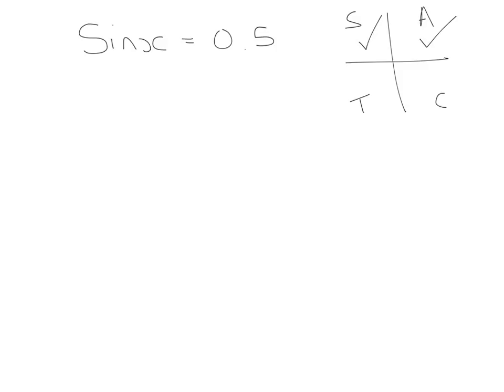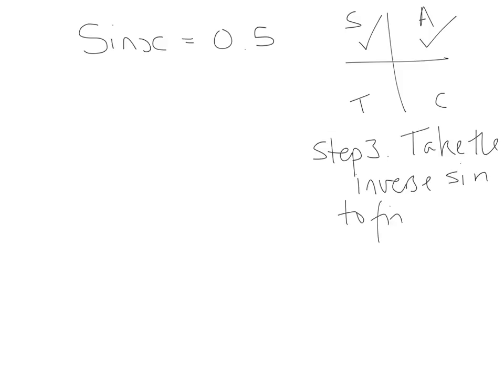So I'll repeat what I had. We had sine x equal to 0.5, and we've got our cast diagram, where we've now said it's quadrants 1 and 2 that we're interested in finding angles in. So step 3 is to take the inverse sine to find the value in quadrant 1.